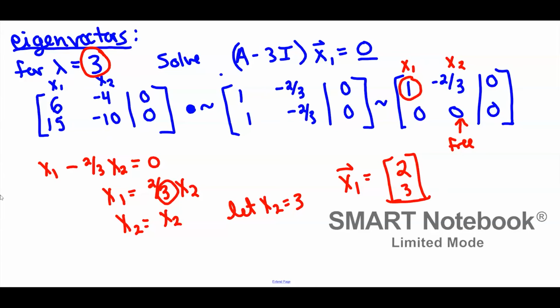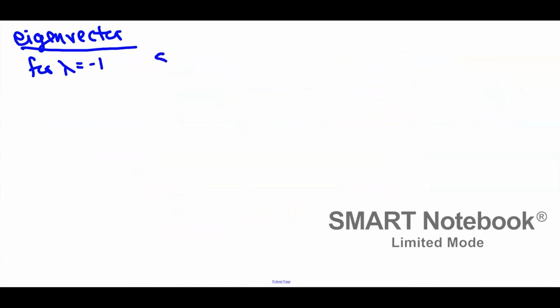We need to do the same thing for lambda equals -1. So in this case, we need to plug in -1 for lambda. We're going to solve A plus I, right? The 2 negatives cancel out, times x.